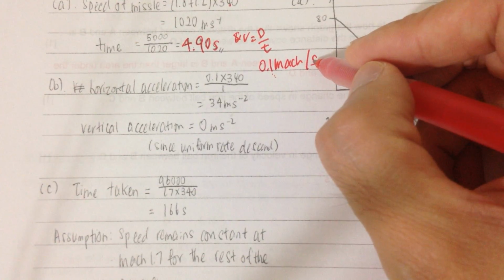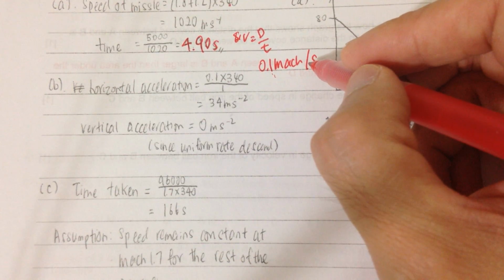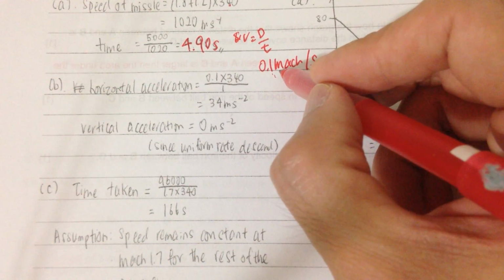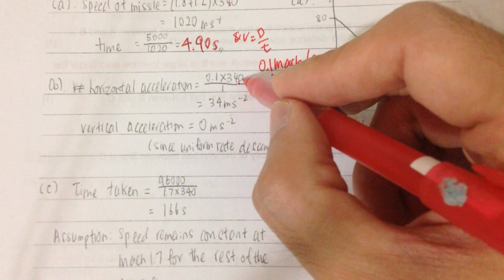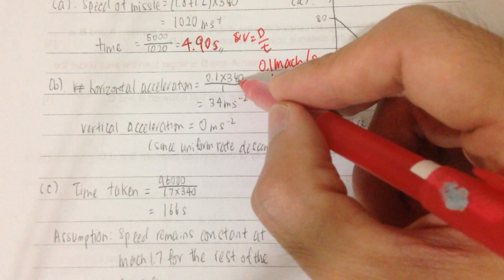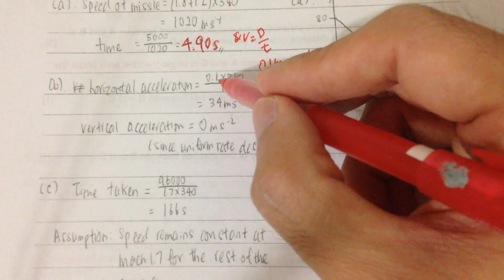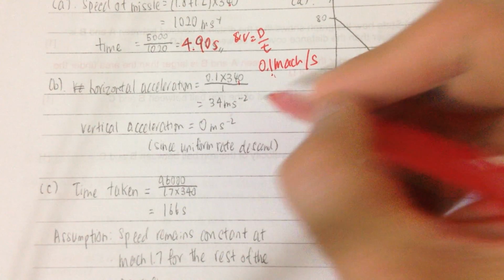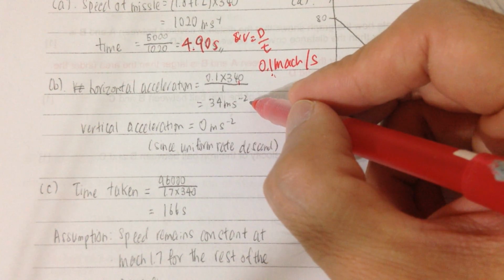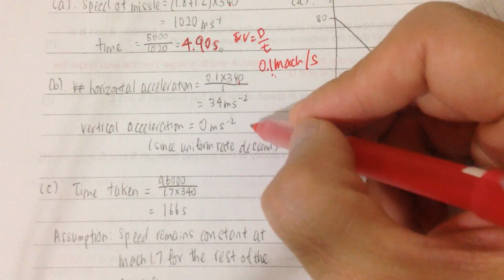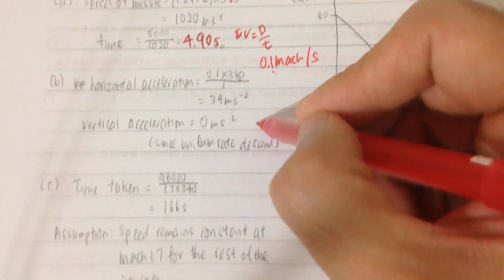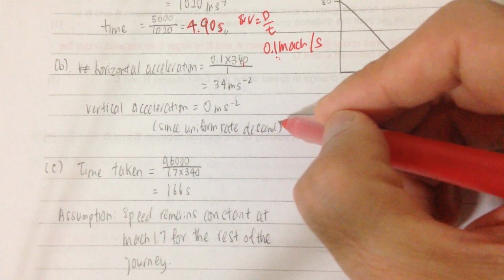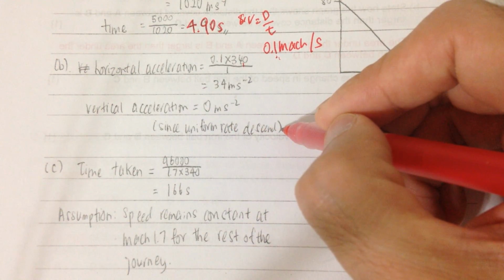So in order to convert this to the acceleration that we know, which is meters per second squared, you can simply convert the 0.1 Mach to meters per second by multiplying by 340. So 0.1 multiplied by 340 divided by 1 will give you 34 meters per second squared. So this is the horizontal acceleration. Now the vertical acceleration is straightforward, 0, simply because it is a uniform rate of descent as given in the passage above.